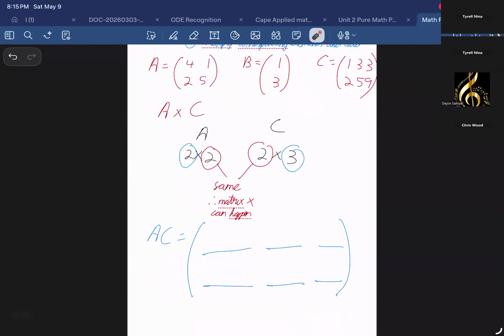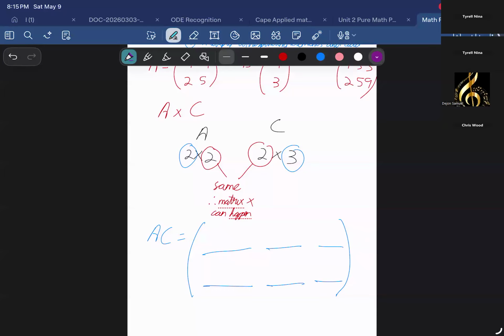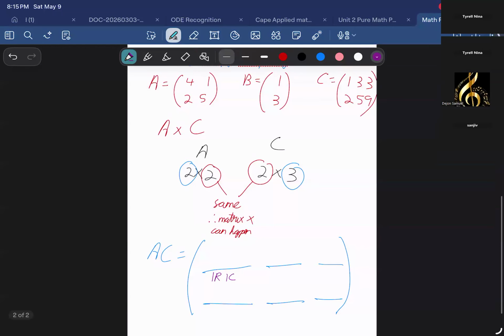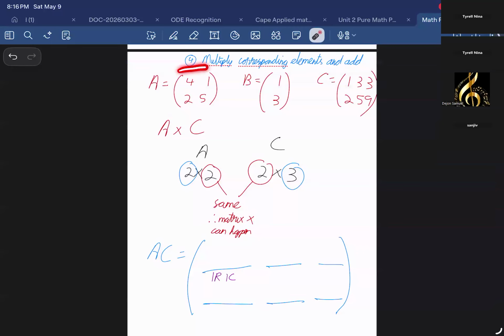So now, how do we go about multiplying it? Watch here. This position here is my first row, first column. So if this is my first row, first column, I am taking the first row of A and multiplying it by the first column of C. So let me repeat that.